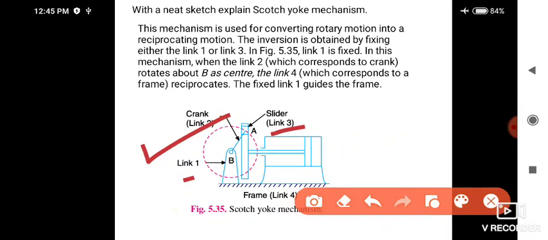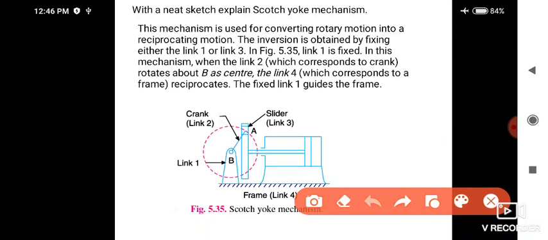That is clearly shown in the figure, which is fixed in this mechanism. When the link 2 rotates about center B, the link 4 reciprocates. The fixed link 1 guides the frame. So this is all about the Scotch yoke mechanism.